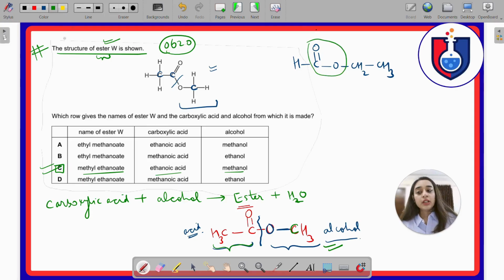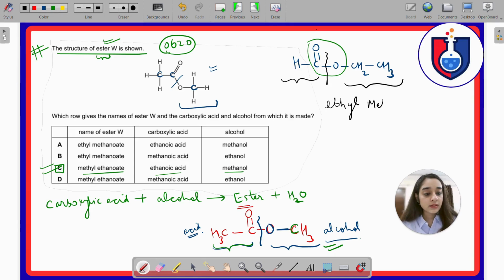To follow the trick, simply cut it from here. Write this portion first. It has two carbons, so write ethyl. This portion has one carbon, so methane, and OATE is the suffix. So ethyl methanoate is your ester.